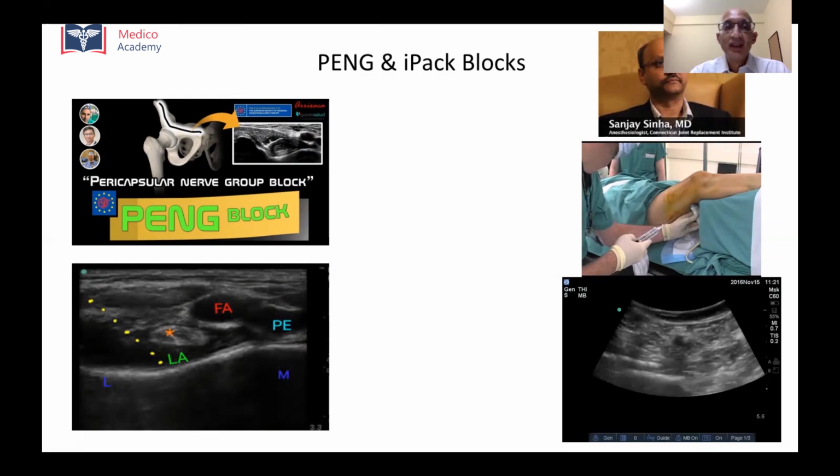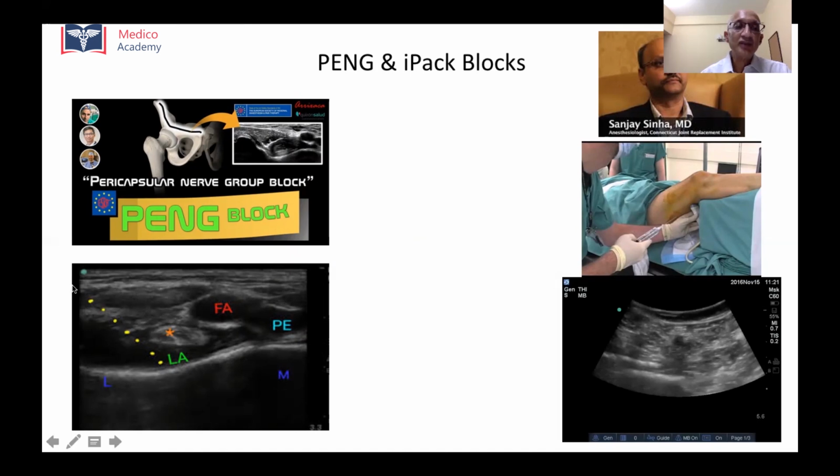So in the case of the hip joint, when we put a probe high up on top of the ilium, we see the iliopubic eminence here. We see the femoral vessels here, and we see the iliopsoas tendon right there.